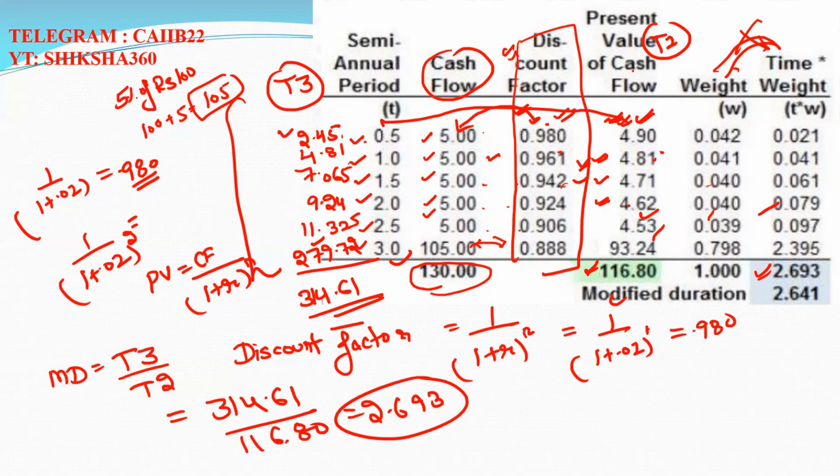Here we have introduced a new term, but I will tell you, the discount factor is nothing but 1 upon (1 plus r) power n. For easier calculation, they have written it this way. Next, we calculate the present value, and from that we get T3. From T3 divided by T2 we get the Macaulay duration. And when we get the Macaulay duration, from that we can easily get the modified duration.